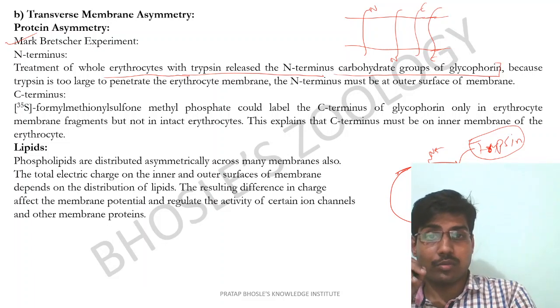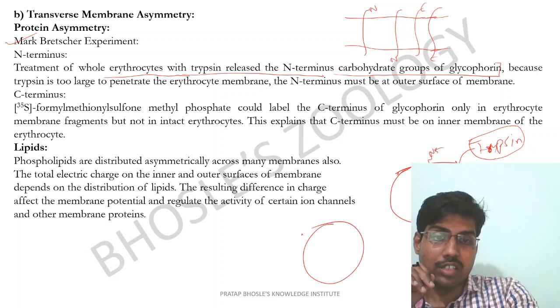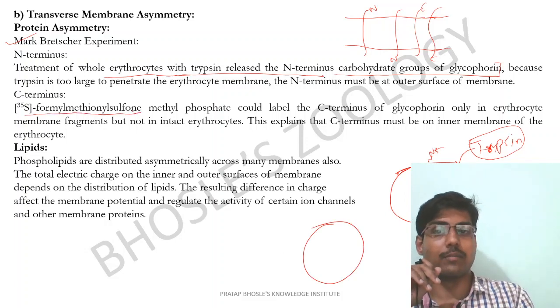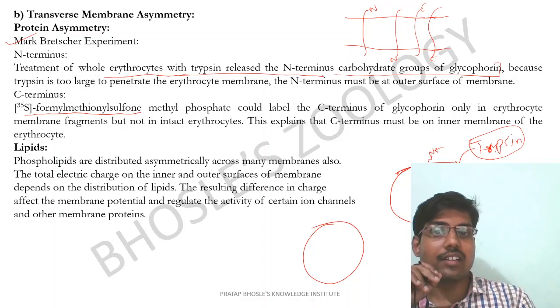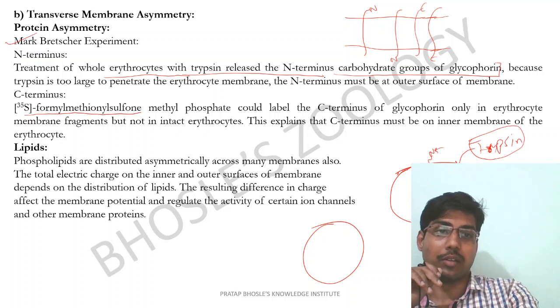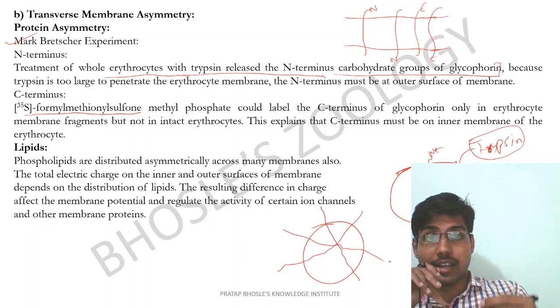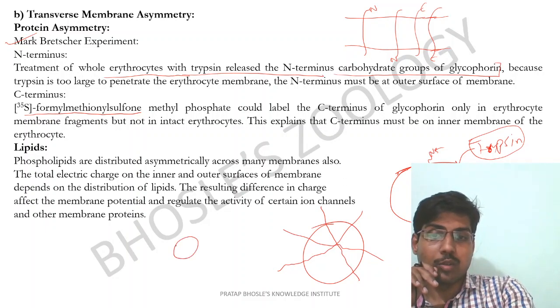He also conducted an experiment for the C terminus. The S-formyl methionyl sulfone methyl phosphate moiety can label the C terminus of glycophorin, but only when he has fragmented erythrocytes. If the RBCs are entire, it could not label this C terminus.